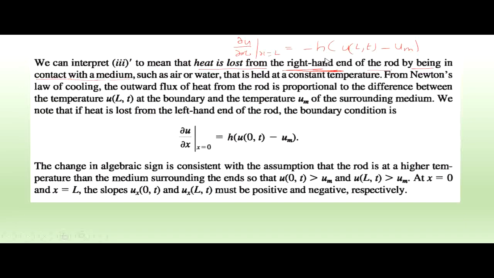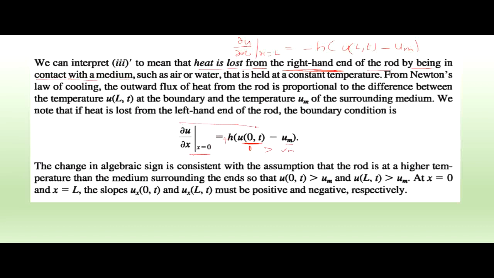So the heat loss on the right side is negative, isn't it? On the left hand, it is positive, because when you are at the left end, at 0 comma t, this temperature is greater than the outer medium. So there is a positive sign on the left side.